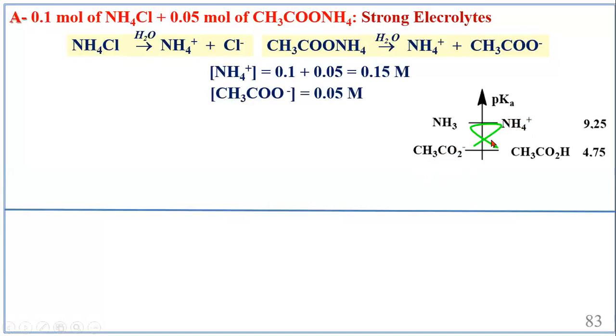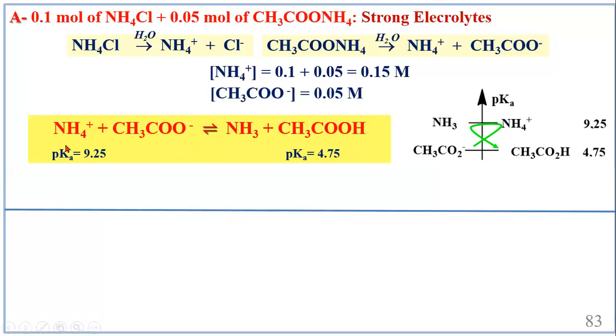If I react them with each other, this is anti-gamma. Will they react? Well, if I put them together, acid with base, I can set up an acid-base reaction to give me NH3 plus acetic acid.